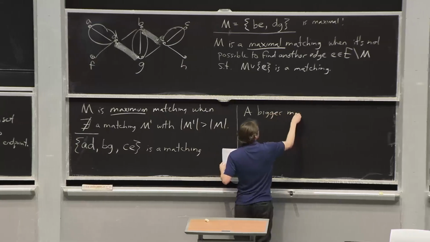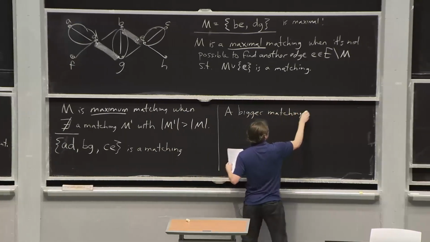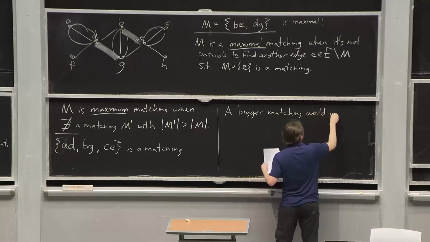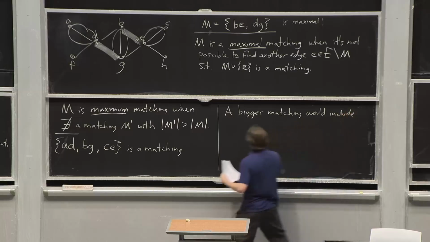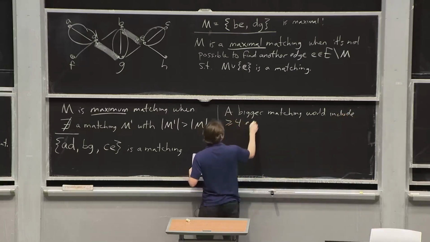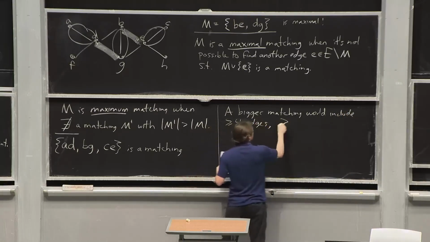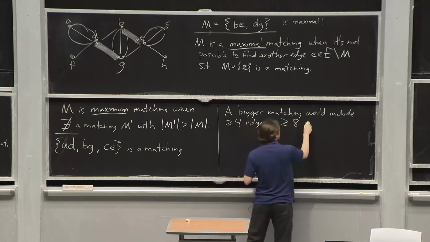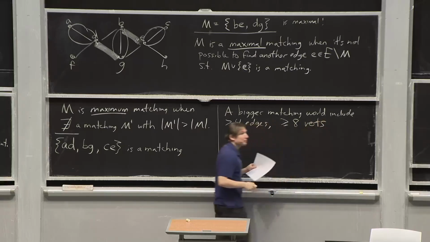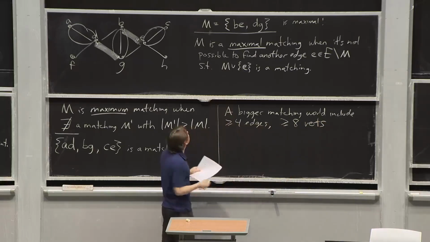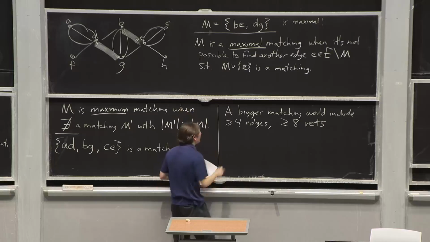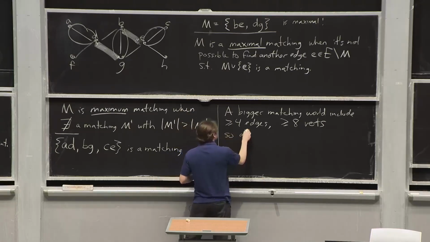A bigger matching would include at least 4 edges, and therefore at least 8 vertices. But we only have 8 vertices, right? 1, 2, 3, 4, 5. Yep. So it would include all the vertices.